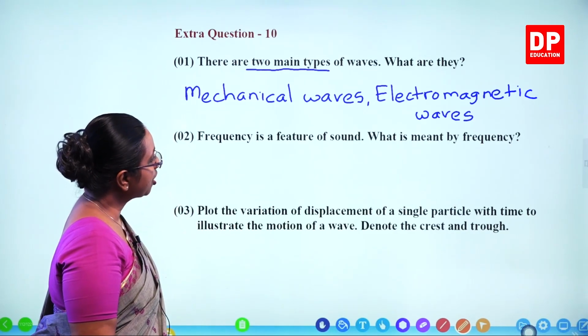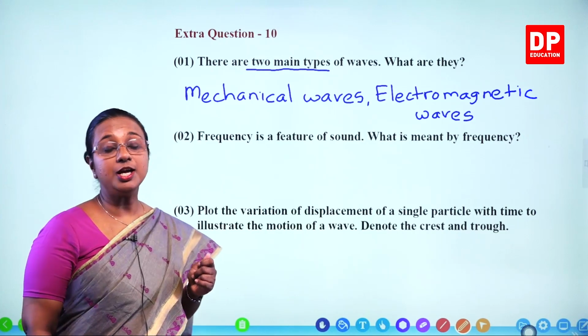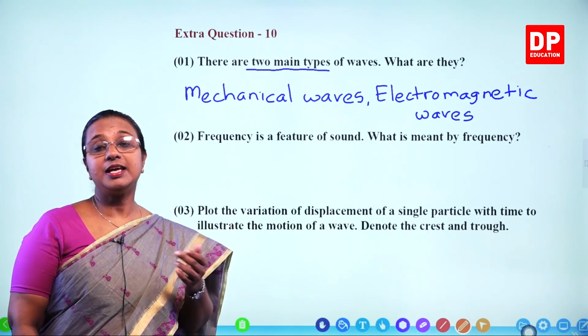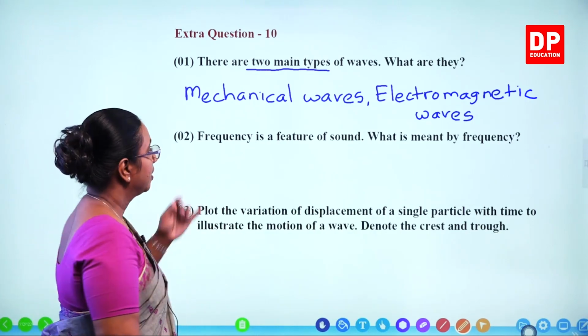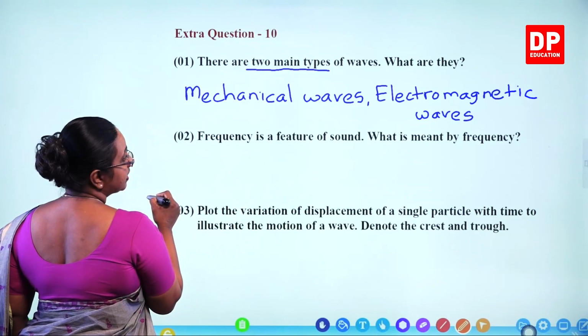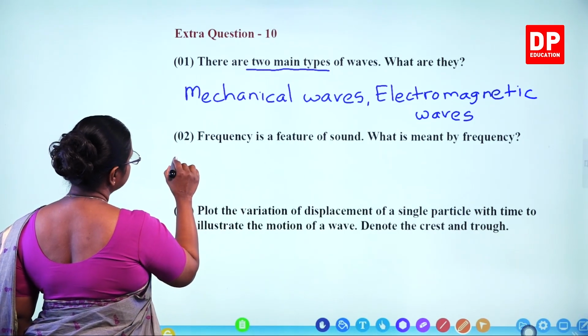Frequency is a feature of sound. What is meant by frequency? The number of vibrations in a unit time. So here if we write the answer, what is meant by frequency?